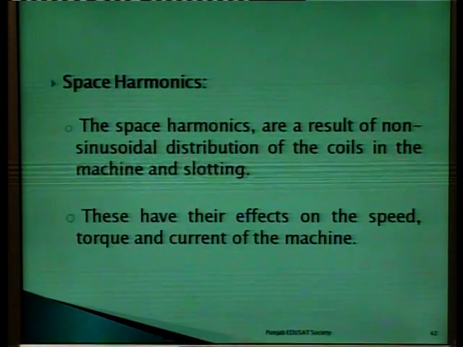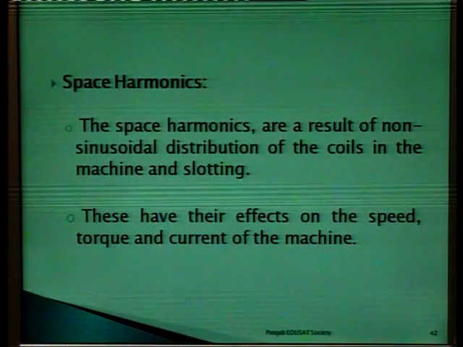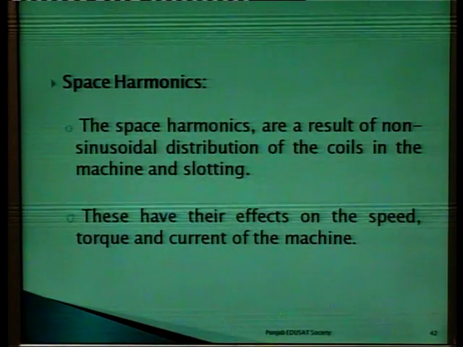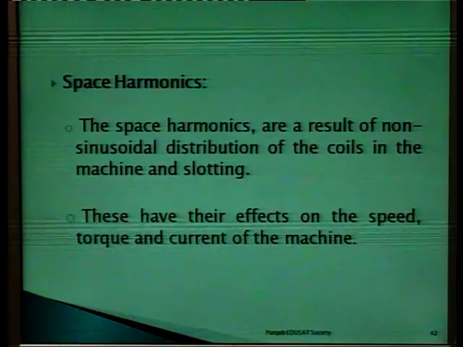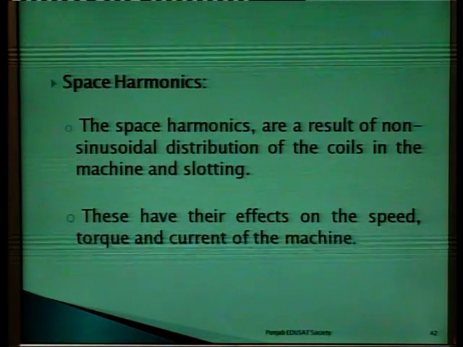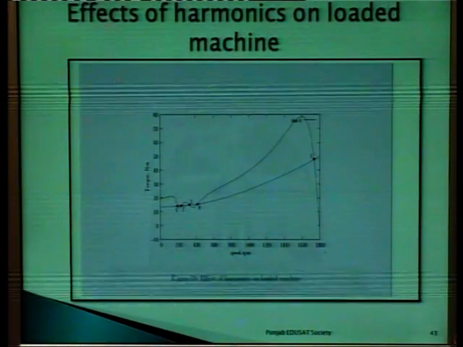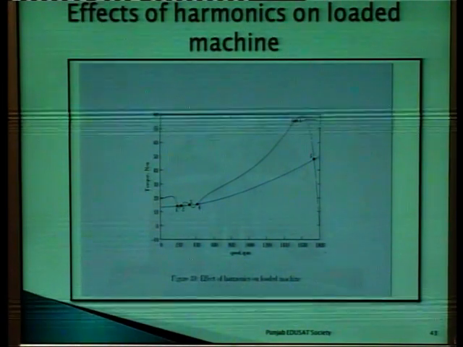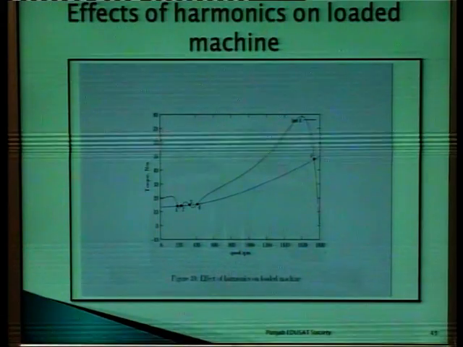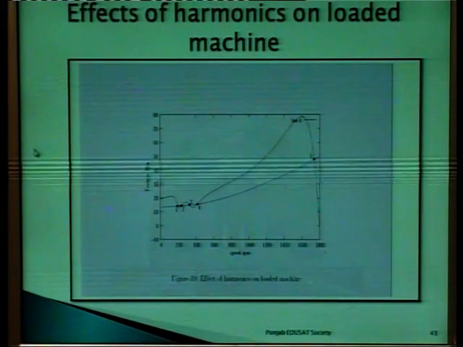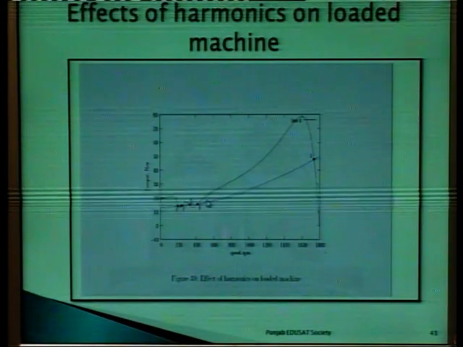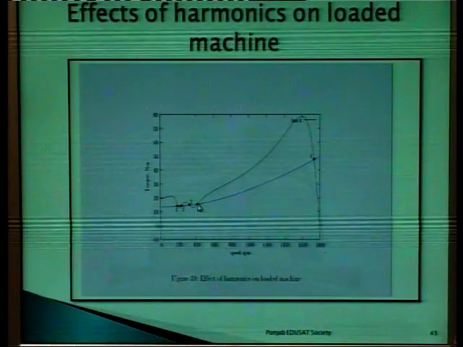The space harmonics are a result of non-sinusoidal distribution of the coils in the machine and slotting. These have their effects on the speed, torque and current of the machine. This is the curve which shows the effect of harmonics on the loaded machine.